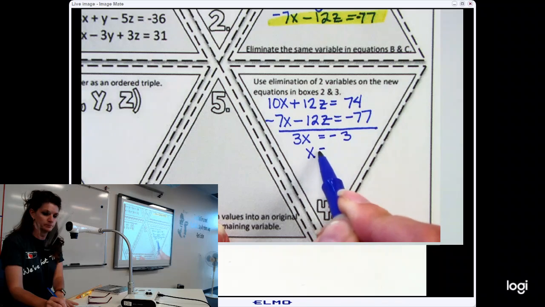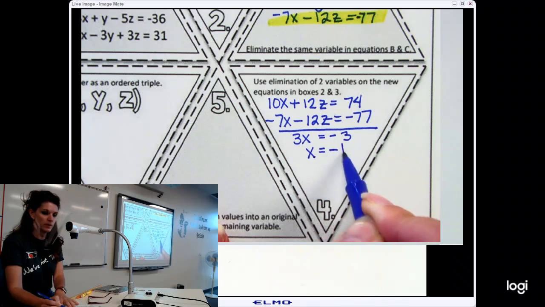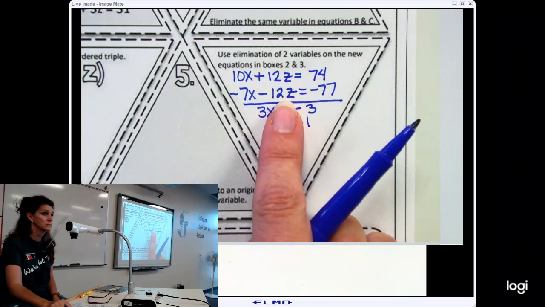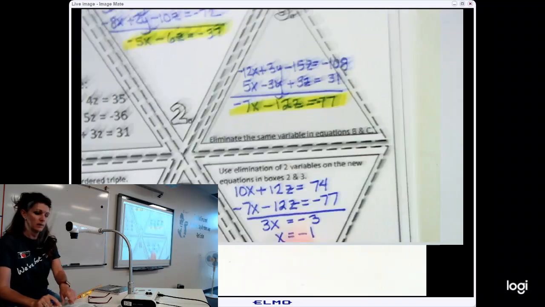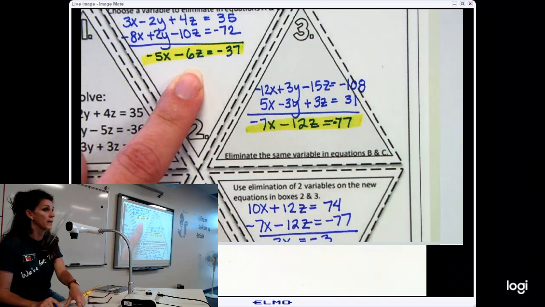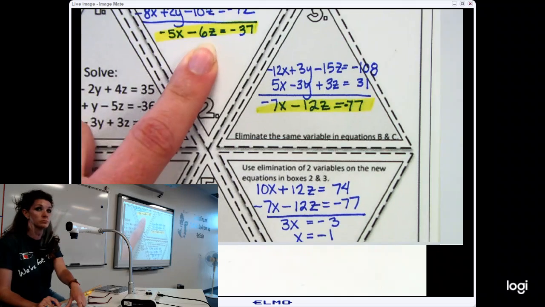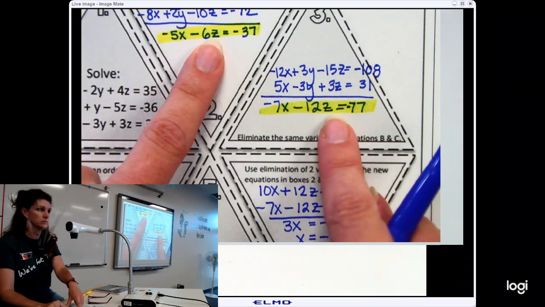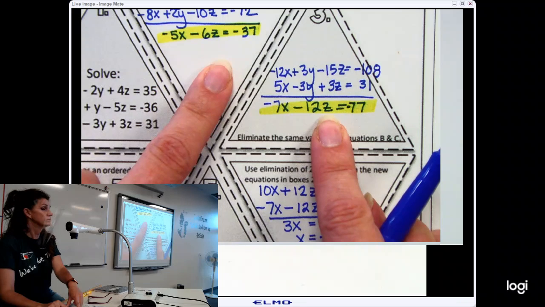X is what? -1. So can I substitute that back in and solve for z? Yeah. I can use either one of these two equations or the one up here before I multiplied. You guys choose. Whatever one makes you feel better. But we're going to go as a group this time, obviously. 1 or 2? Which one? Oh, speak. 1 it is.